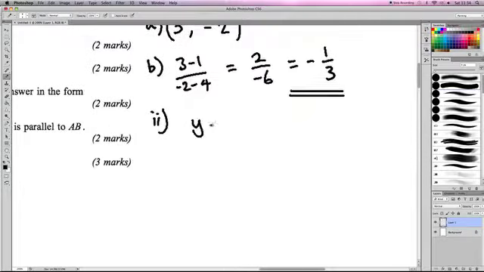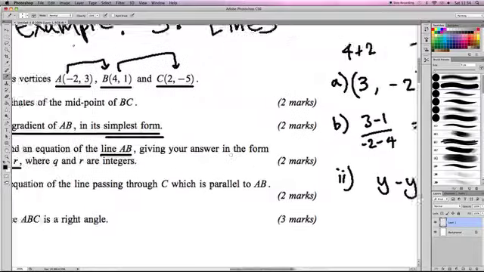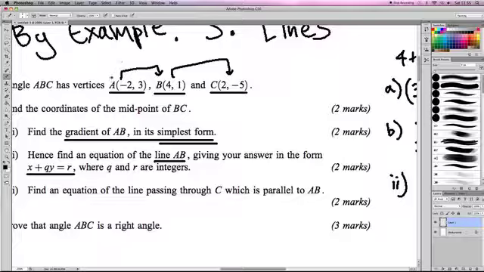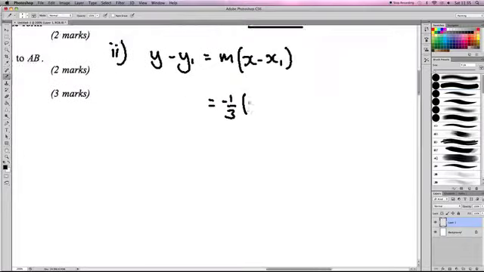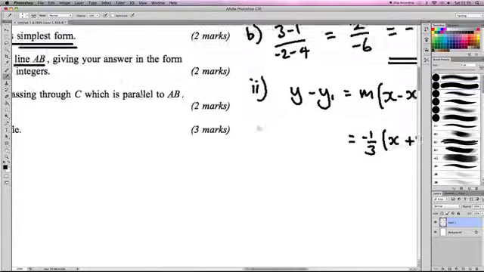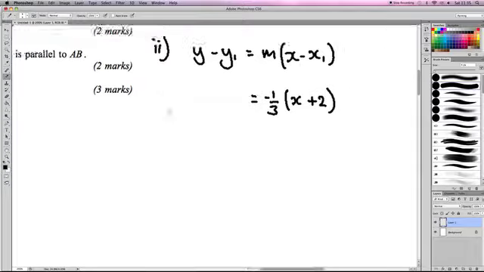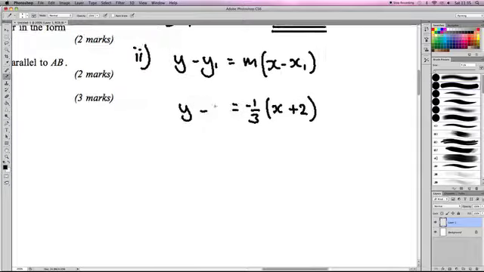We've got a gradient, so for part 2, you're going to be using y minus y1 is equal to m times x minus x1. You've got your gradient, so that's equal to minus a third. And likewise, because it's the line A to B, it doesn't matter which one you use. You can use A, you can use B. I'm going to use A, so I've got y minus 3 equals minus a third times x minus 2.